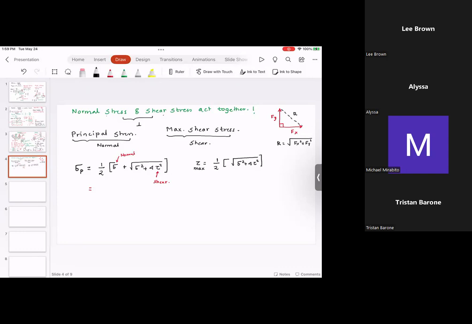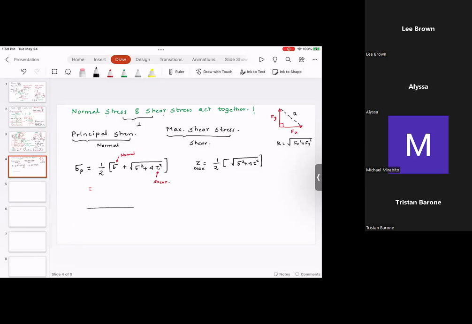So what are the cases wherein you would have normal stress and shear stress acting? Let me give you a very simple example, sort of a toy problem.